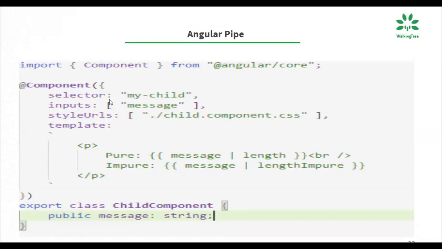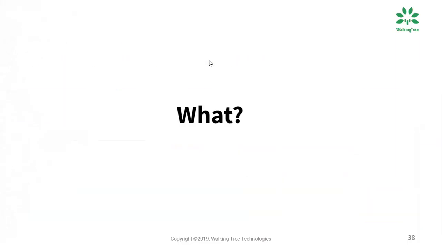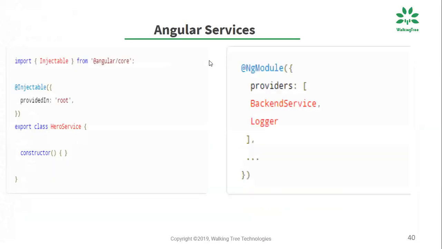We have a component annotation like that, a pipe annotation, an injectable annotation, whatever the annotations are. See here, injectable is there, @Injectable. Here providedIn is metadata that we provide to generate that service.